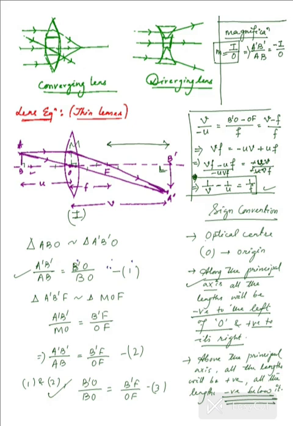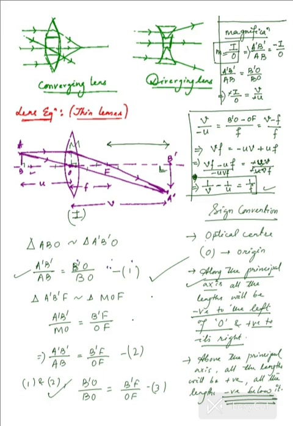So as we have A'B' over AB in the first equation that we had considered, that one had B'O over BO, and this is minus I over O, and that is equal to V over minus U. You can strike out the minus on both sides, and you have I over O.